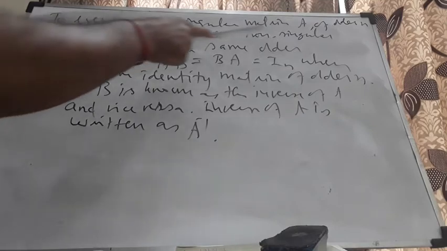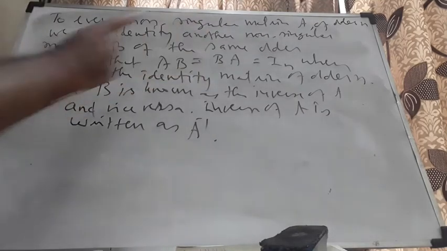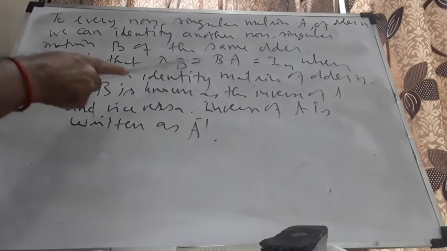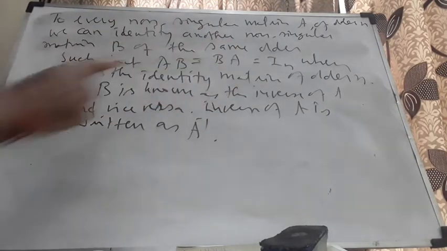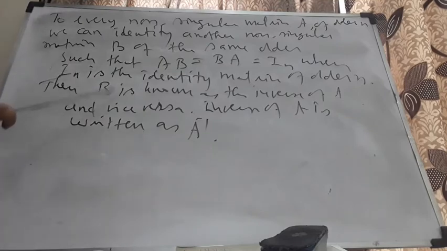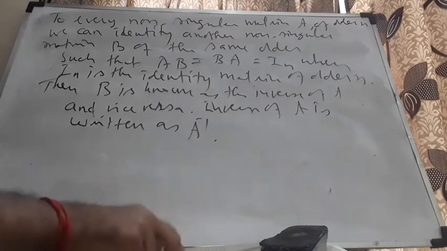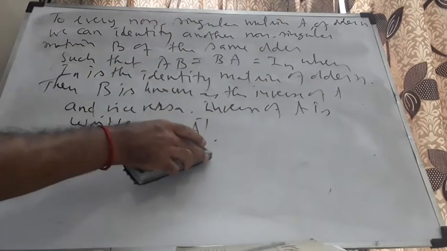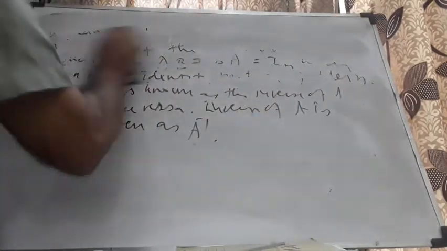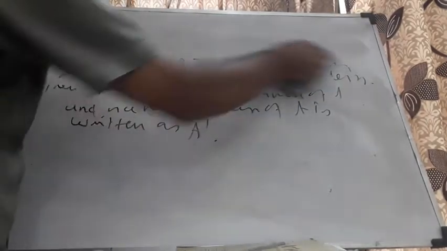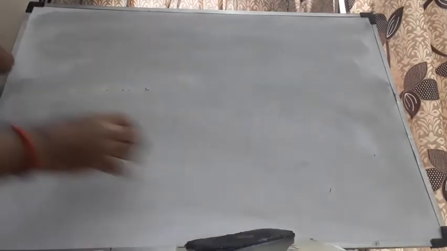We can identify another non-singular matrix B of the same order such that if I multiply A with B or B with A, either way you write, I will get I_n, the identity matrix of order n. In such case, B is known as the inverse of A and vice versa, and inverse of A is written as, this is a symbol for inverse. Something like power minus 1 I will use, but it is not power minus 1. It is simply A inverse.